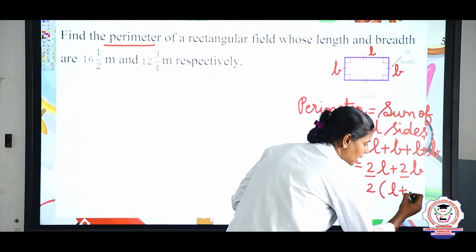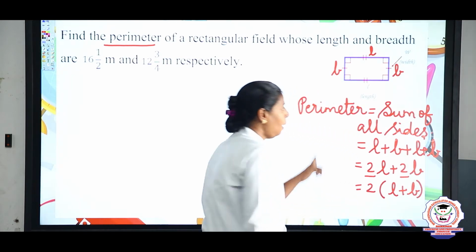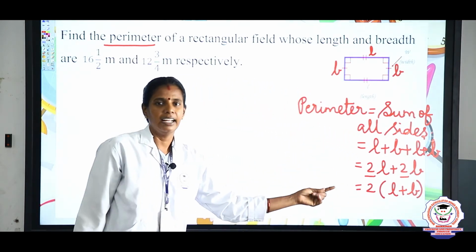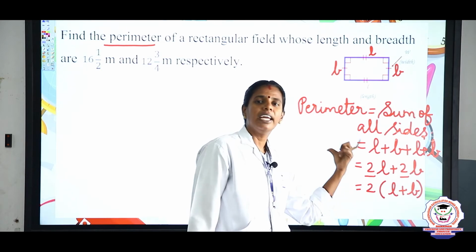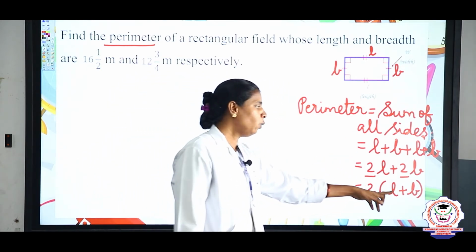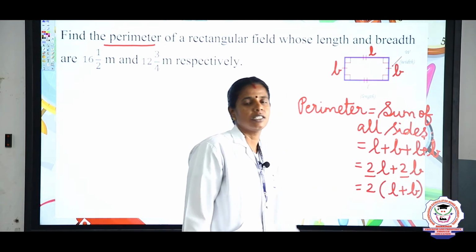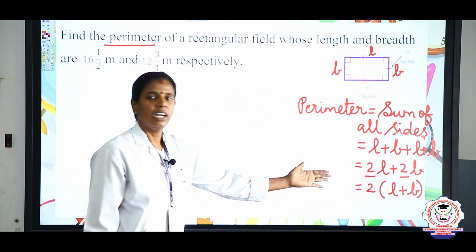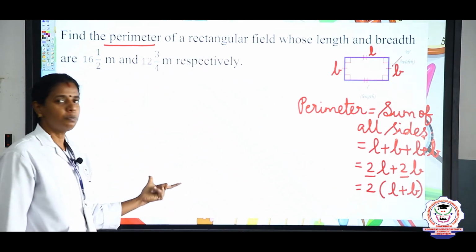Then 2 into L plus B is the perimeter of the rectangle. This is the formula to find the perimeter of a rectangular field: 2 into L plus B units. So using this formula, now we are going to solve this problem.